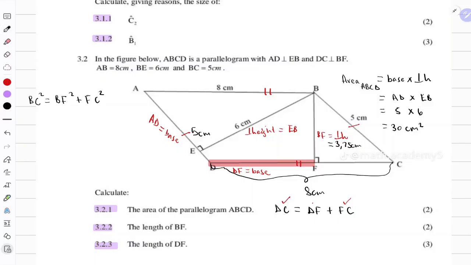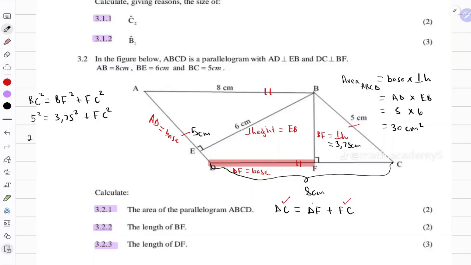If you consider this triangle, this becomes the hypotenuse and these are the other two sides, right? So BC squared is 5 squared and BF squared is 3,75 squared plus FC squared.